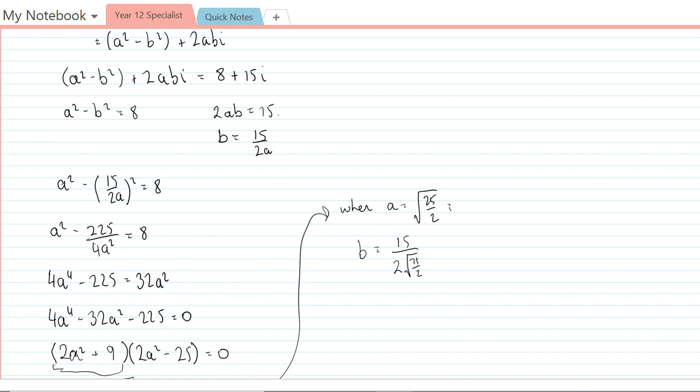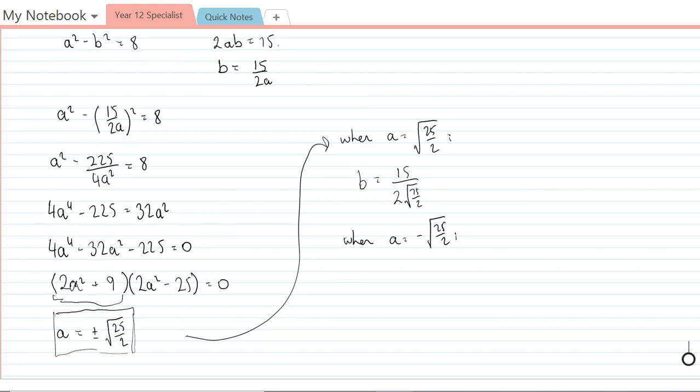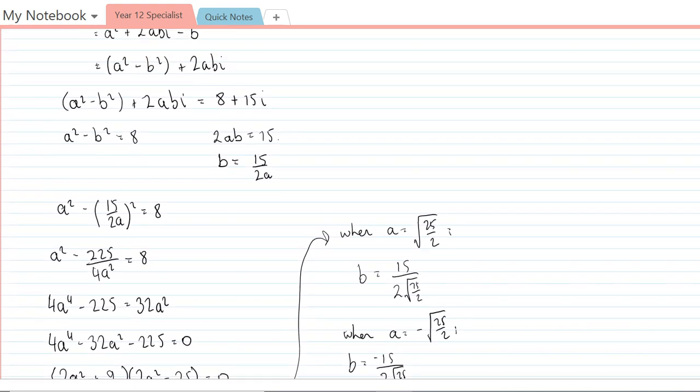That doesn't really look all that nice, but it's a possibility. And when a is equal to negative root 25 on 2, we get b equals negative 15 over 2 root 25 on 2. And, well, that's more or less it.